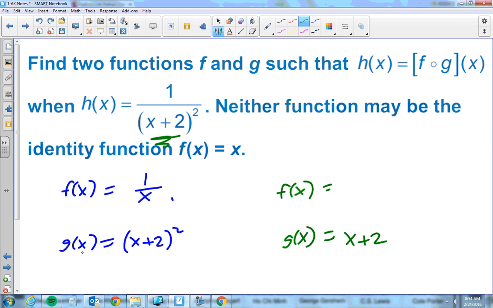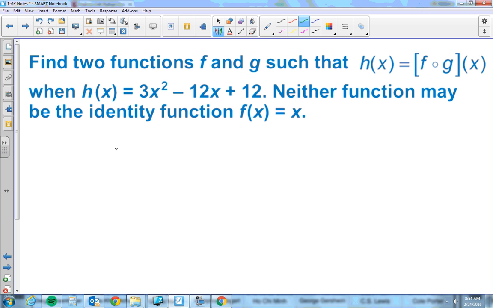And g is the inner function because that's the way they set it up. So the x plus 2 has to be part of g. But that means what does f have to do? It has to take whatever is given, square it, and do reciprocal of that. And you put x plus 2 in place of x here, you get 1 over x plus 2 squared. That works as well. So those are the only two answers you're going to get out of this.